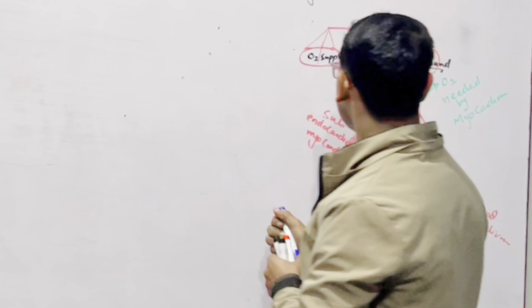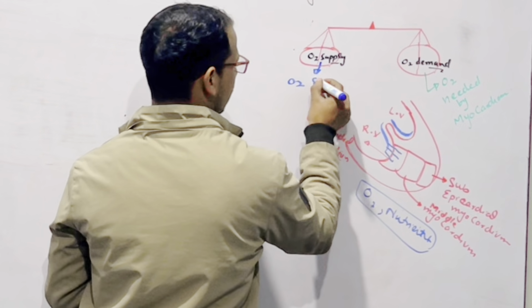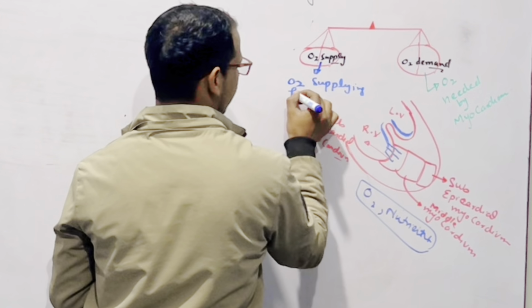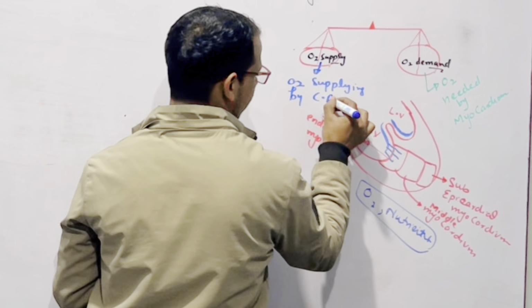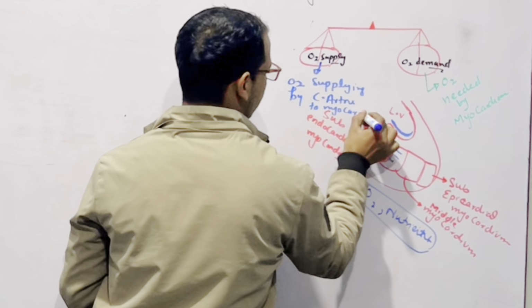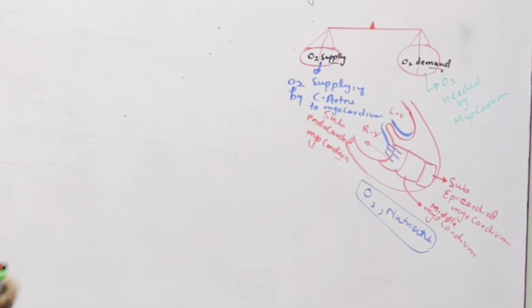The oxygen and nutrients, mainly oxygen, supplied by the coronary arteries to the myocardium is called oxygen supply.